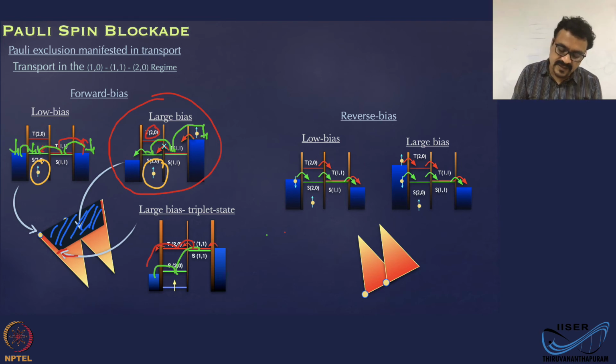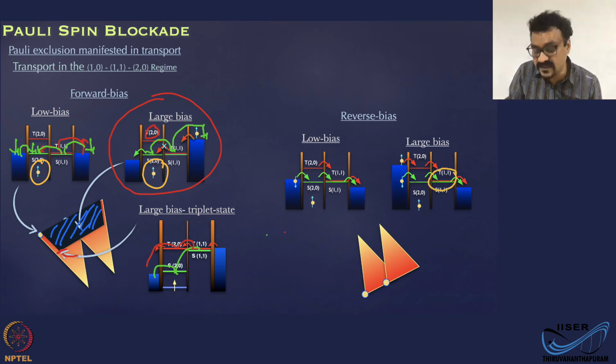Now, when you have large bias, both the spin down and spin up electrons can go, because these states are pretty close in energy. There are two states there, the green and red lines. They are pretty close in energy.